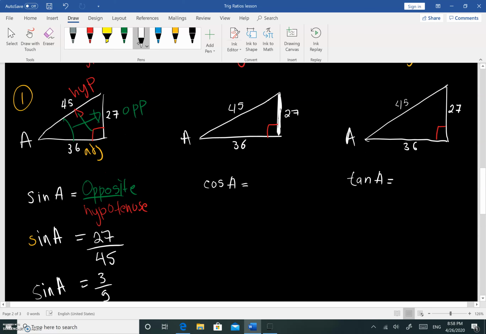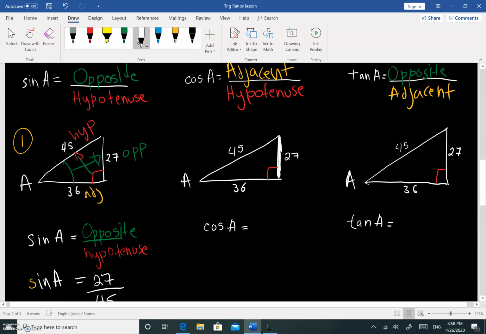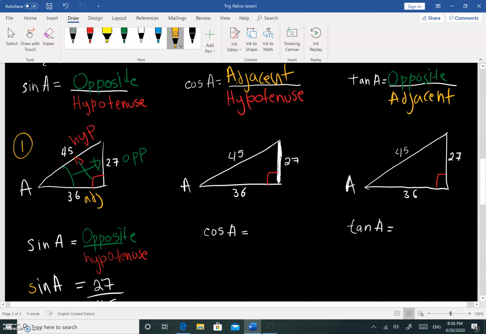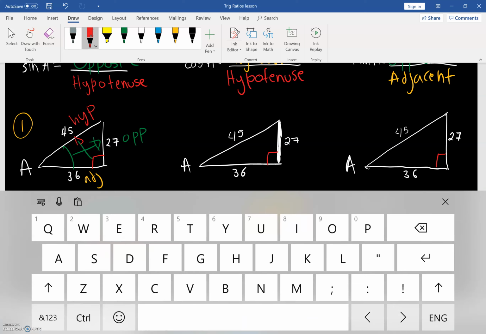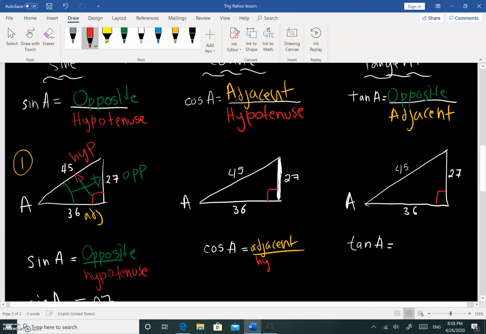Now let's do cosine of A. First of all, let's write down the equation. Cosine of A is equal to adjacent over hypotenuse. So let's go ahead and identify each one.